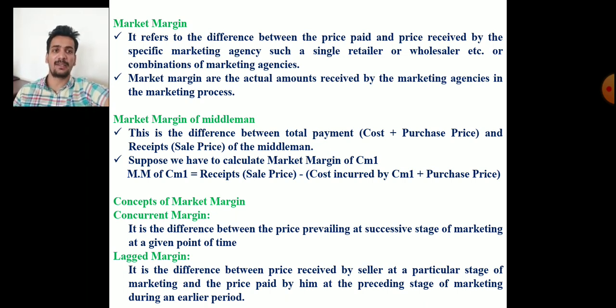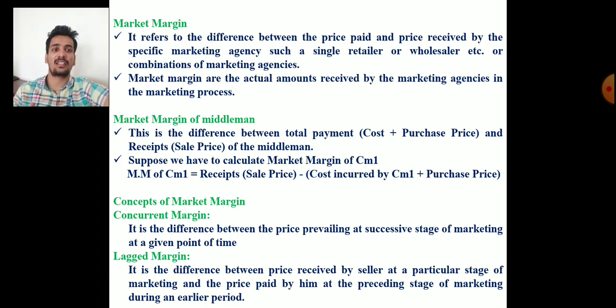Suppose we have to calculate the market margin of CM1, the first middleman. How will you calculate? Receipts, meaning sale price, minus the cost incurred by the first middleman. Suppose he also has to pay some costs like loading and unloading, and some transportation cost, from the primary wholesaler to the secondary wholesaler, or from the village market to the city market.